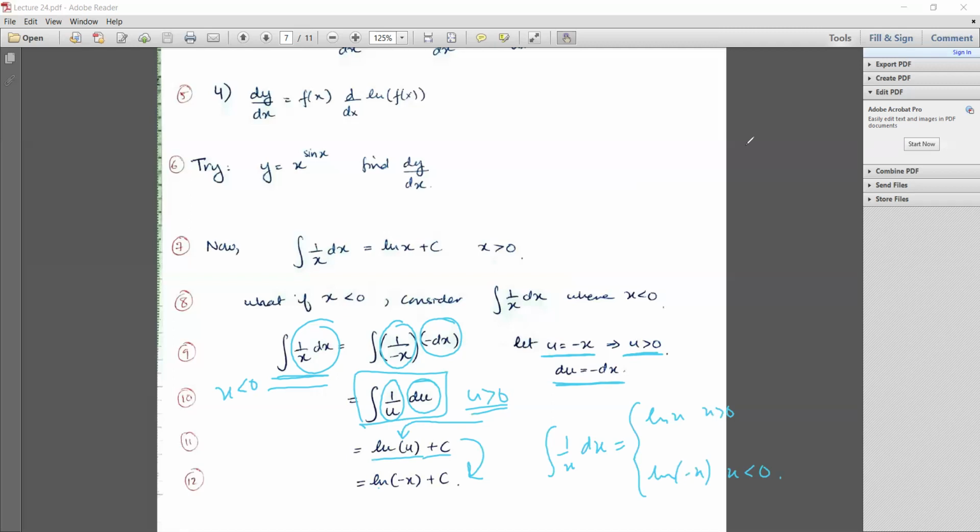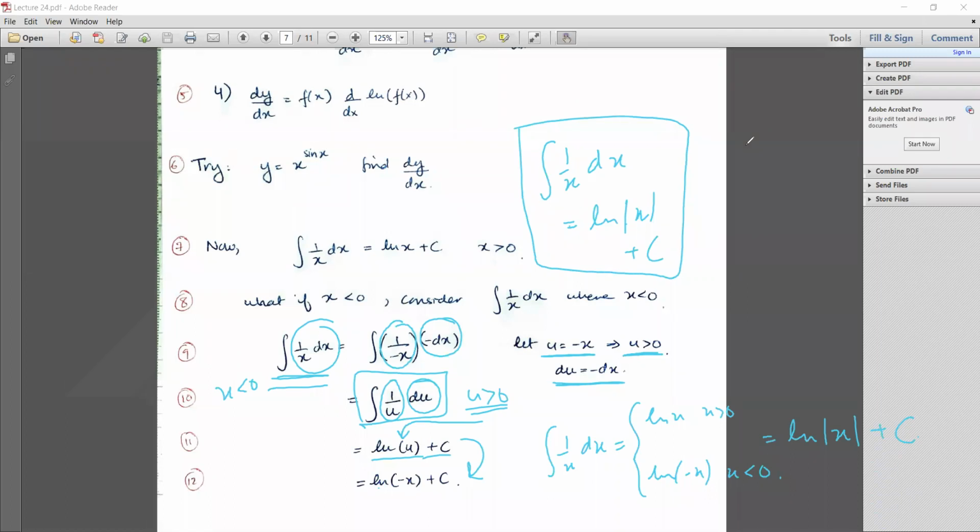Yes, using the absolute value. This is just ln of absolute value of x plus c, of course, right? So the integral of 1 over x dx is just ln of absolute value of x plus c. Now you don't have to worry about whether x is positive or negative. This accounts for both those cases.